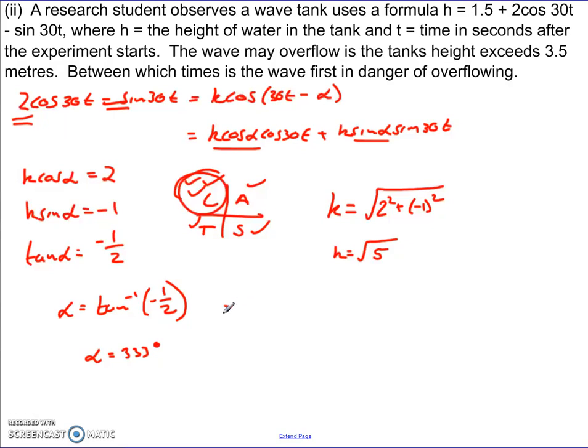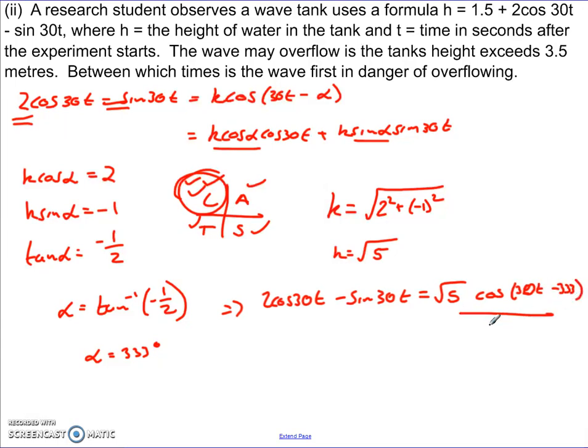So what I can then say is, therefore, 2 cos 30t minus sine 30t equals root 5 cos of 30t minus 333 degrees. So I've rewritten it in this form.